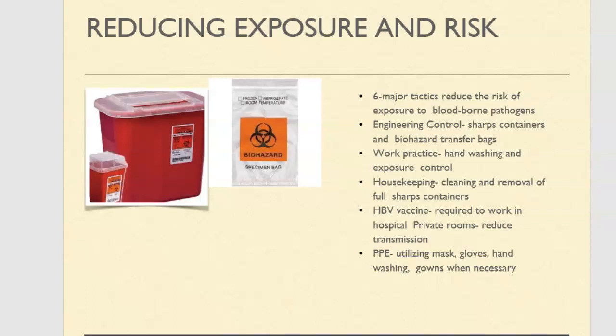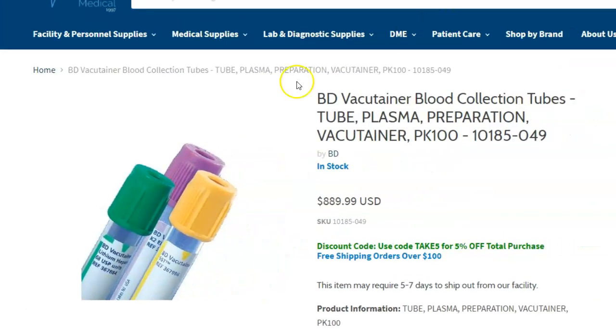Now, the other thing I want you to take a look at is what is found in test tubes. When we draw blood, we have test tubes that we draw it into, and all these test tubes have different additives in them. I'm going to pull this over and show you a test tube right here.